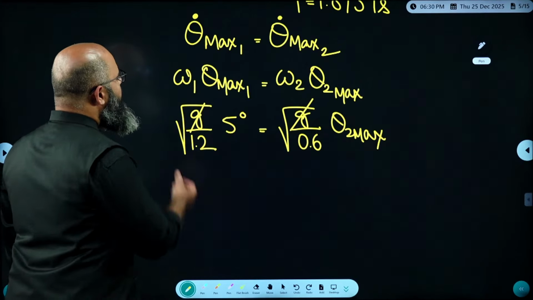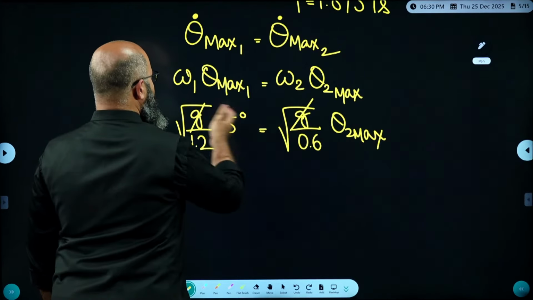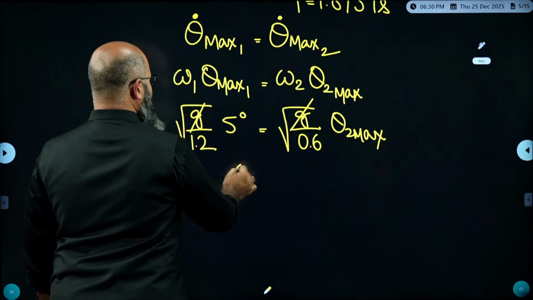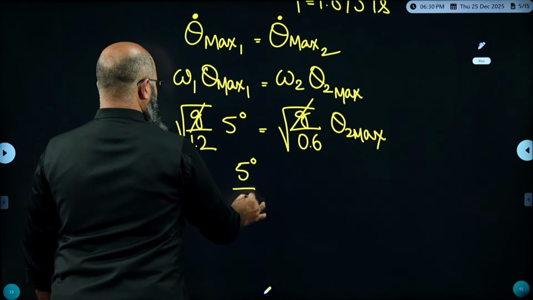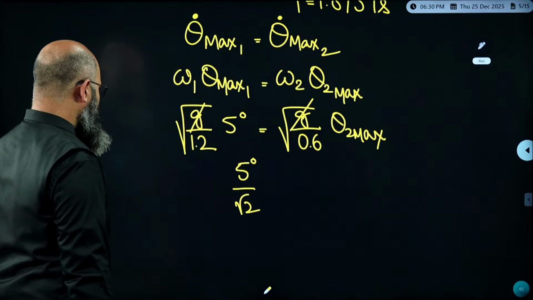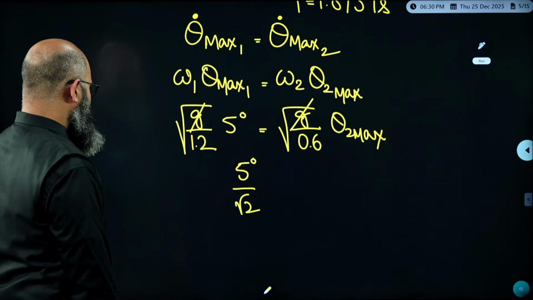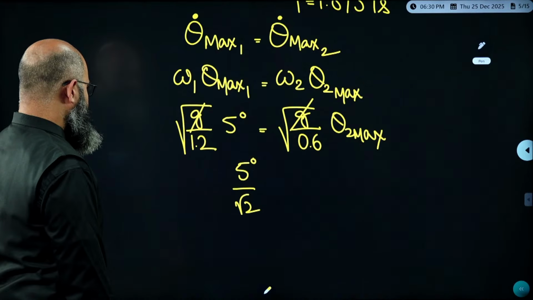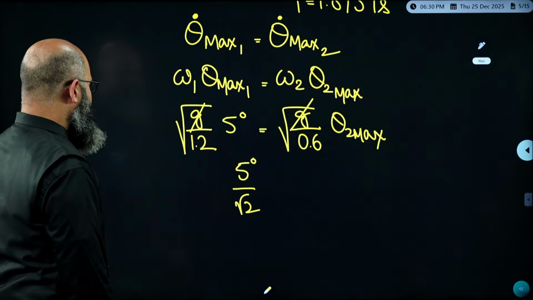Yes, this is supposed to be equal to 5 degrees divided by root 2. This is the value I am getting.